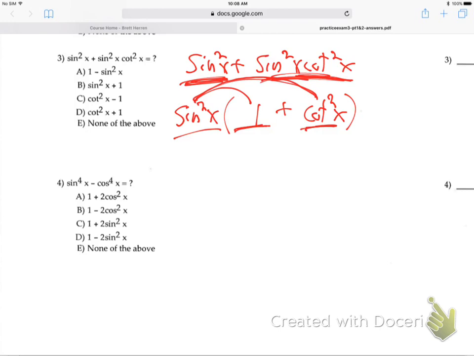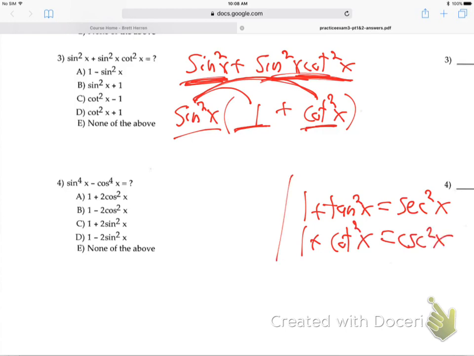Now what? I don't know. These are a little tricky. There is a formula. So on your 3x5 card, you want to have 1 plus the tangent squared is the secant squared, and 1 plus the cotan squared is the cosecant squared.